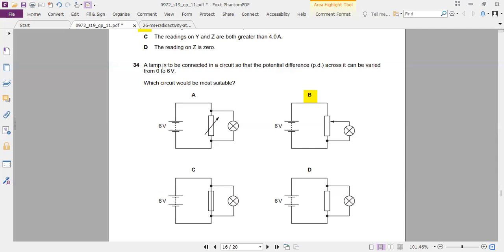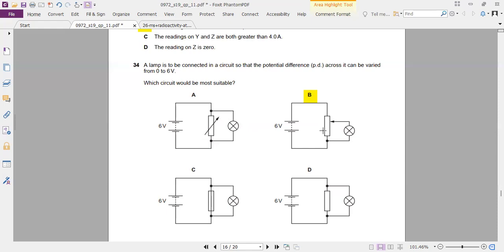So you want to look at the question again. The lamp is connected so that the potential difference across it can be varied from 0 to 6 volts. This variable resistor will decrease or increase the resistance of the circuit.